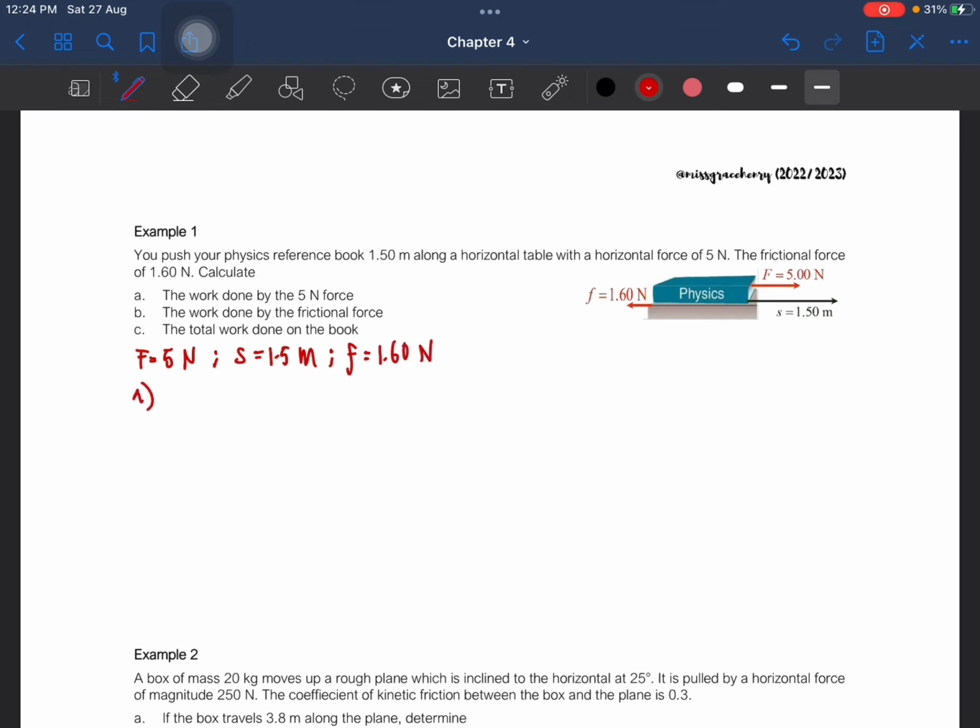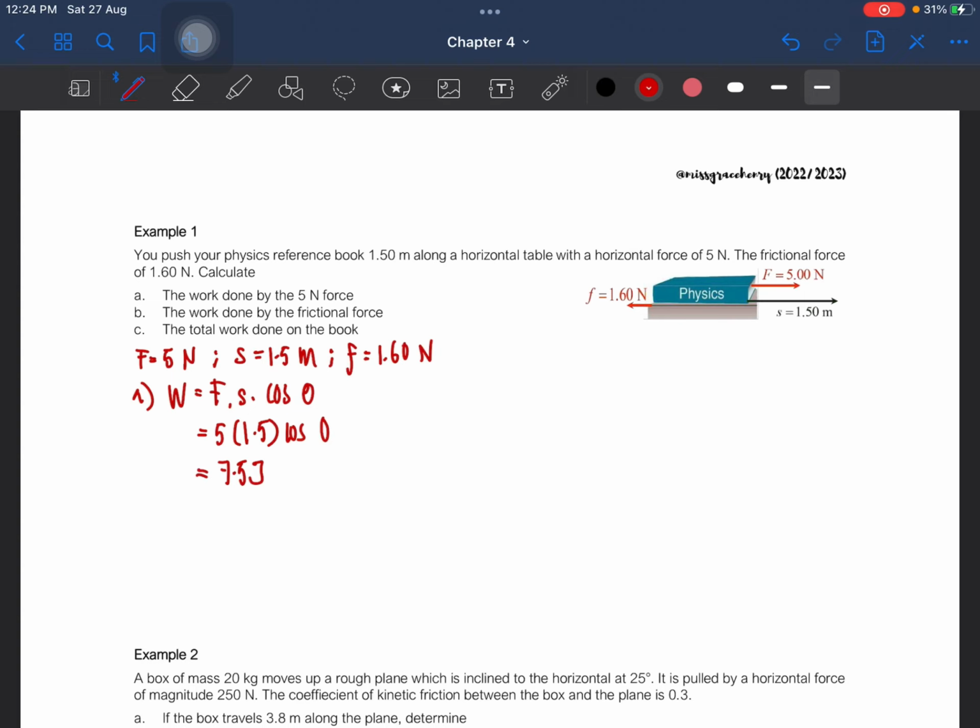So we have to calculate the work done by the 5 Newton force dulu. Okay, so that is just work done Fs cos theta. So if you look at this diagram, the force is in the same direction as the displacement. So the angle will be 0 degree. So that is 5 times 1.5 cos 0 degree. So you will then get the value 7.5 joule.